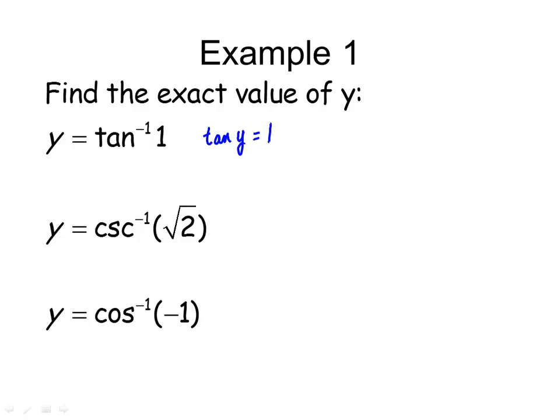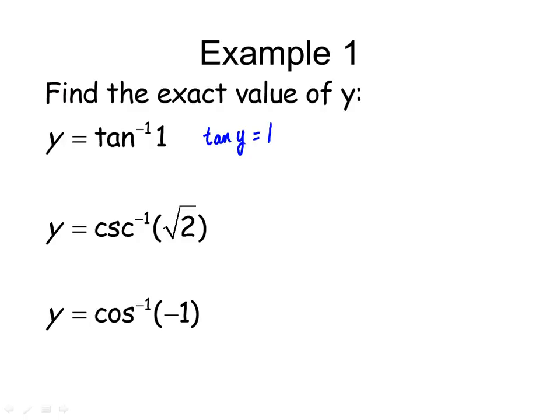Tangent inverse is going to be in quadrant 1 or quadrant 4. Now, think about this. Tangent of what angle is equal to 1? Is 1 positive or negative? It's positive. So are we in quadrant 1 or quadrant 4?